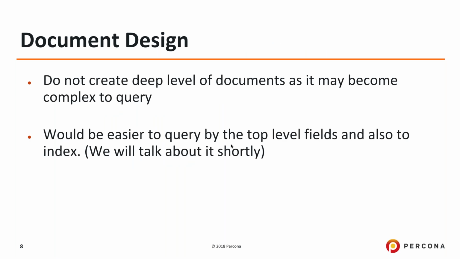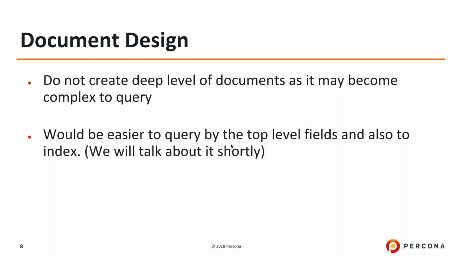You can create deep levels of nesting in documents, but there is, I believe, a limit of 100 in Mongo, a configurable limit. But don't go too far, because it becomes hard for the application developer to write queries.